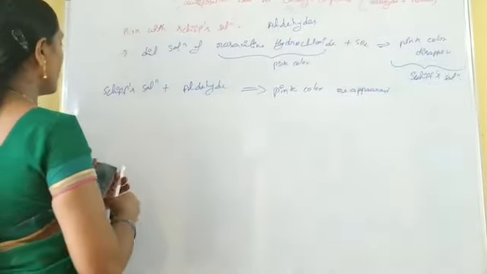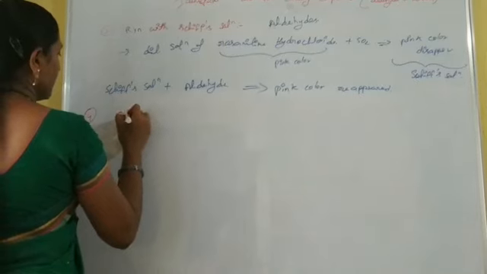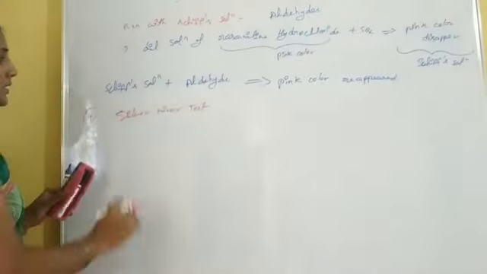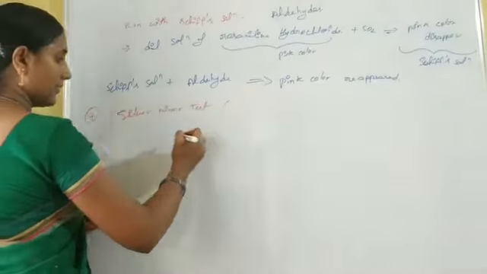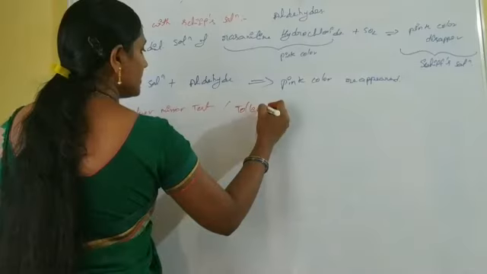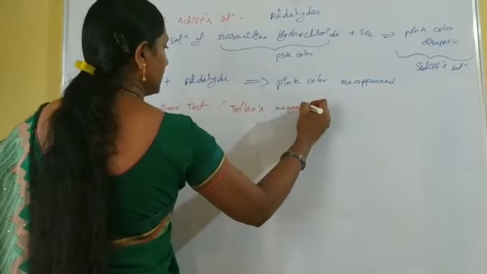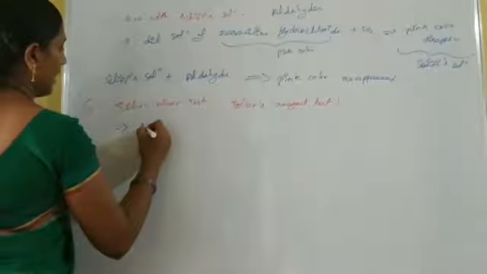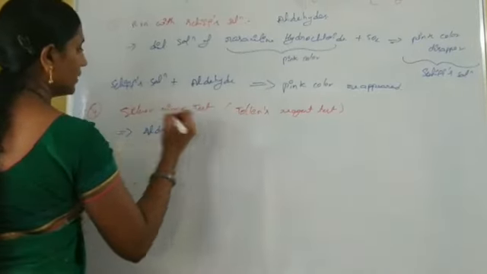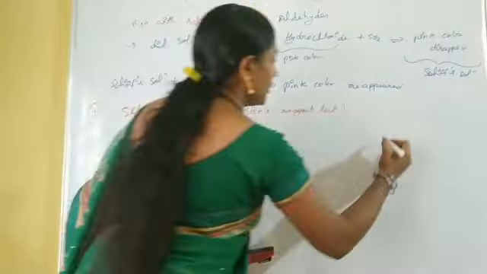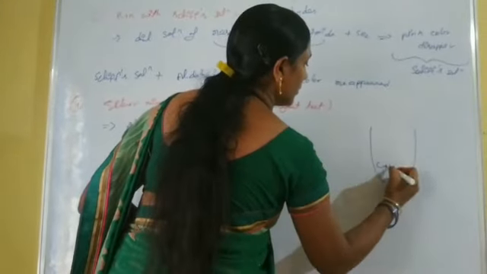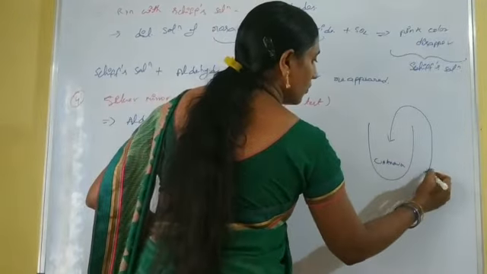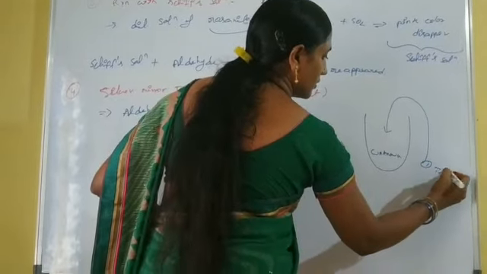Another identification test of carbonyl compounds is the Silver mirror test. The silver mirror test is nothing but the Tollens reagent test. It is given by only aldehydes. In the test tube having the unknown solution, add 1 or 2 drops of Tollens reagent.